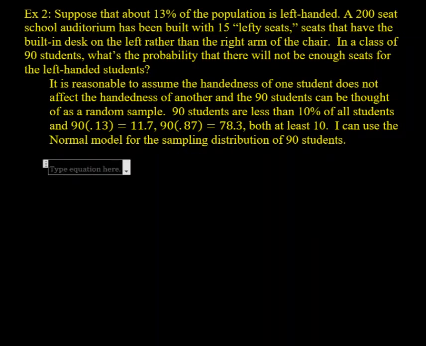So our proportion equals 0.13, and our standard deviation, sigma, will be the square root of 0.13, the probability of a left-hander, times 0.87, the probability of a right-hander, their complements, divided by our sample size of 90.